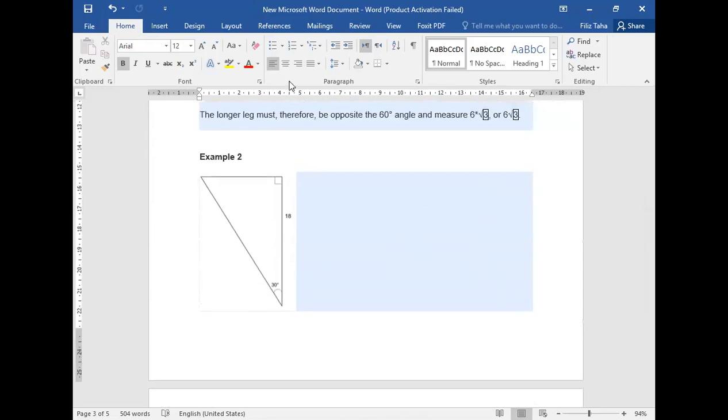Again, I will draw the triangle for you here, and we will remember the rule together. We said that if this one equals 30, right? So we have x and we have 2x, and this one is x root 3.